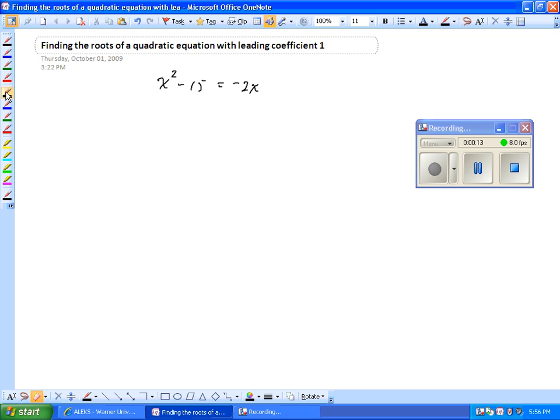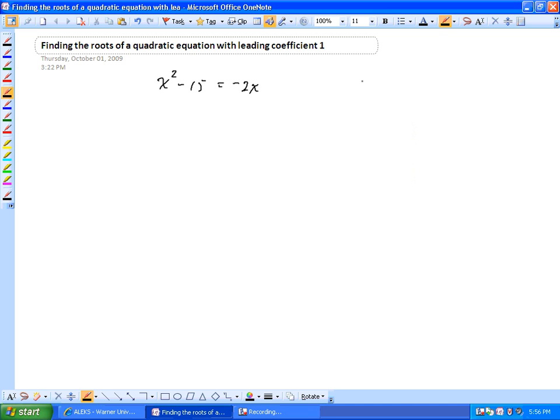Before you can find the roots of a quadratic equation, it has to be in this form. Note that the 0 could be on the right side or the left side, but the quadratic part has to be equal to 0.